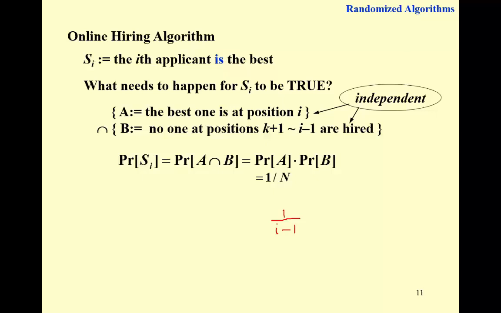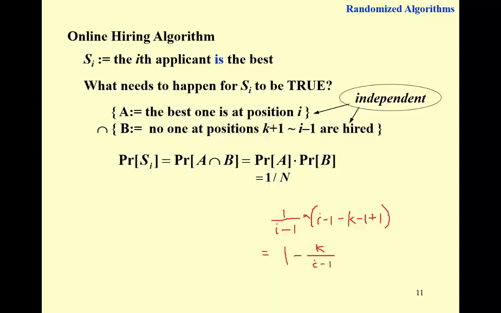And how many candidates do we have between k plus 1 to I minus 1? That will be I minus 1 minus k plus 1, that's minus k minus 1, and plus 1. That is the total number of candidates between k plus 1 and I minus 1, right? So this can be simplified as this, right? 1 minus k over I minus 1.